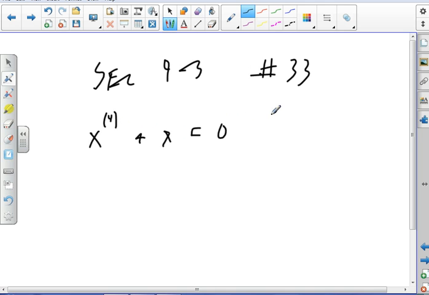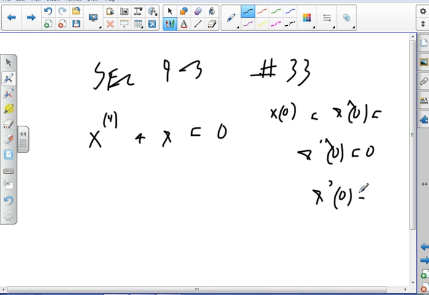And x of 0 is equal to x prime 0 is equal to x double prime 0 is equal to 0, and the third prime guy is 1. Okay, so I got the problem written down. Now I got to square away some of my stupidity here.